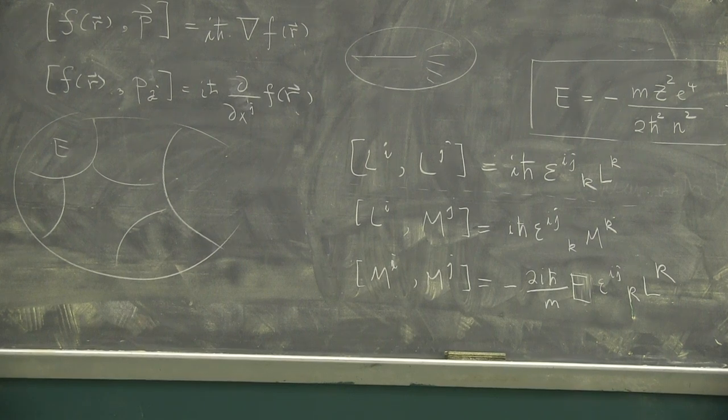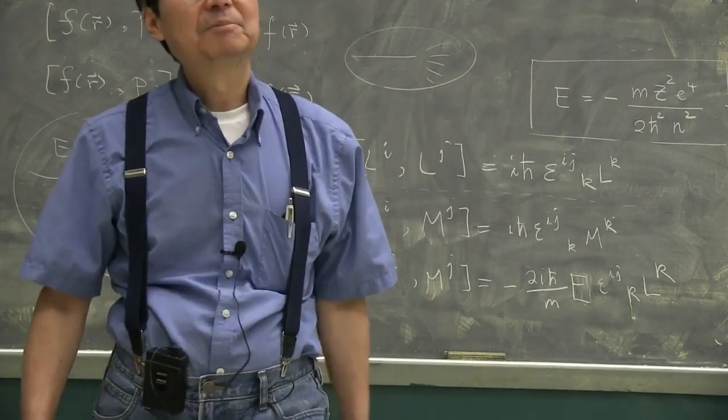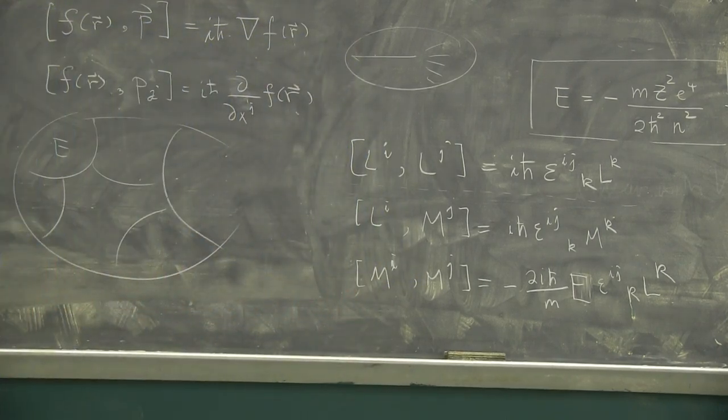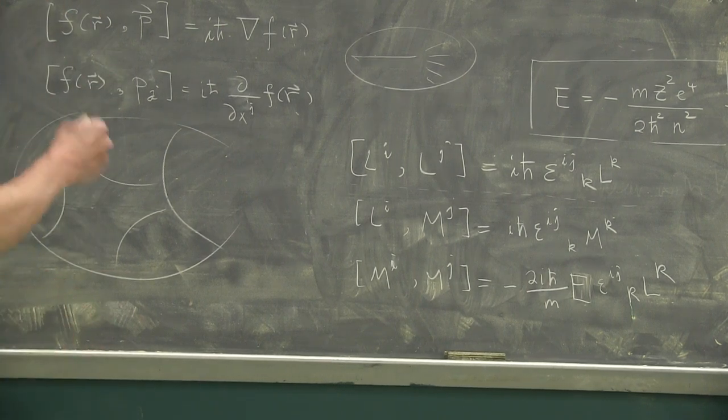Right now, I don't know what that number is yet. When I'm done, I'm going to find out that all the possibilities are these, by making use of the SO4 algebra. Is that okay? So I'm working within one particular energy eigensubspace.